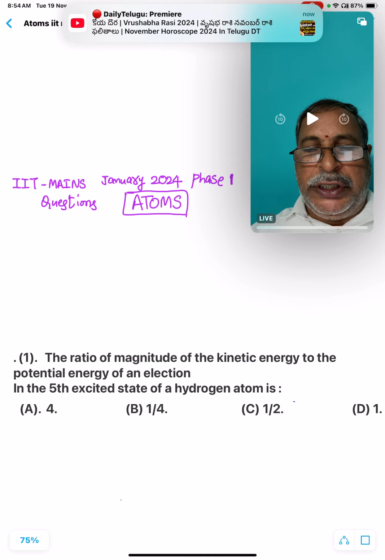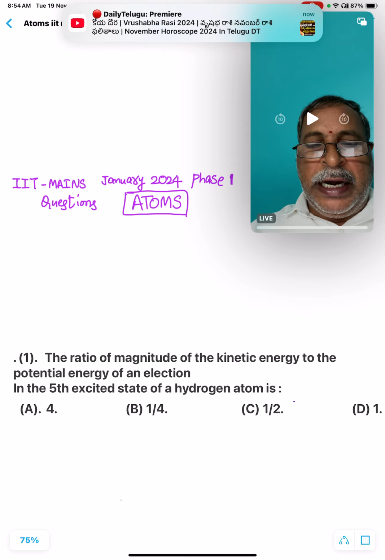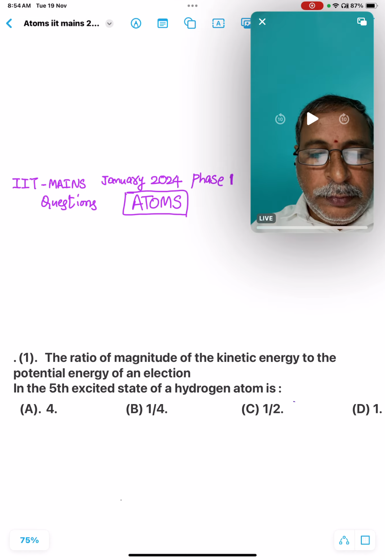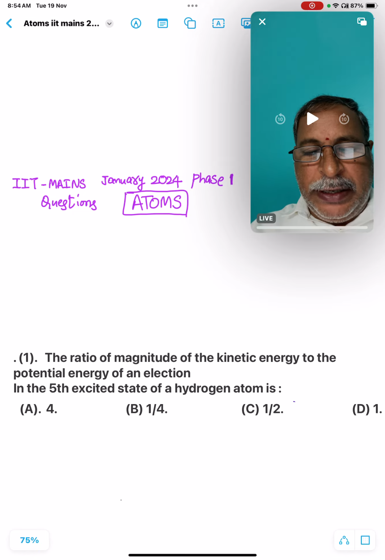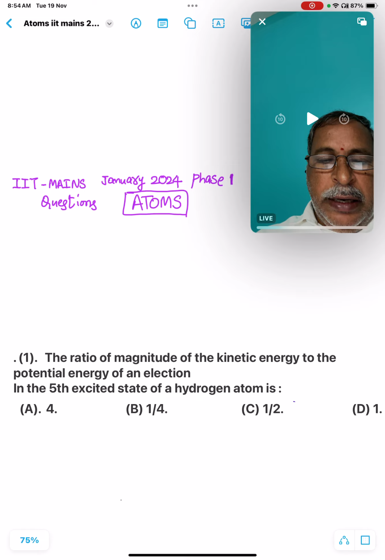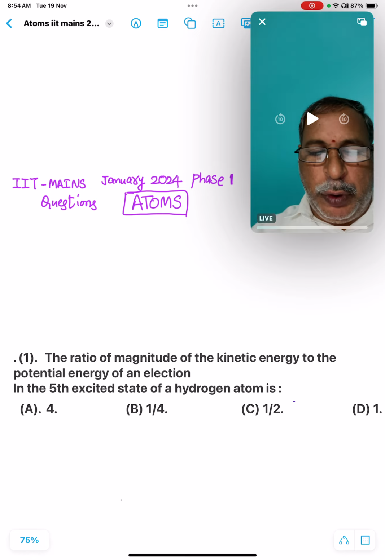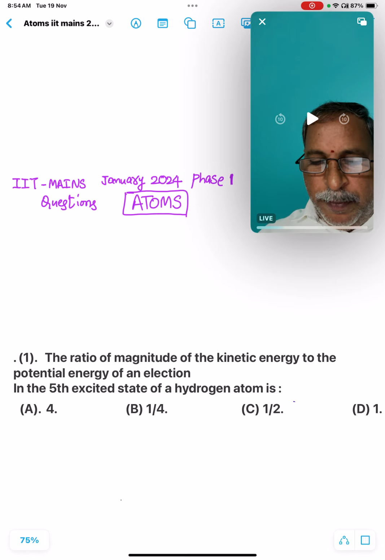The first question asks the ratio of magnitude of kinetic energy to the potential energy of an electron in the fifth excited state of hydrogen atom. You should know the formulas for kinetic energy, potential energy, total energy, and the relation between them.